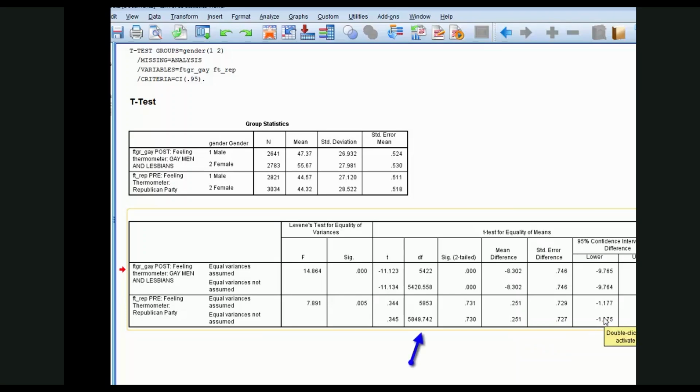If the null hypothesis is correct, how often would we observe a difference by chance of 0.251? Look at the significance value here, 0.730. It's gargantuan. Interpretation. Under the assumption that the null hypothesis is correct, we would observe this difference, 0.251, about 73% of the time by chance. So in this case, we certainly would not reject the null hypothesis.